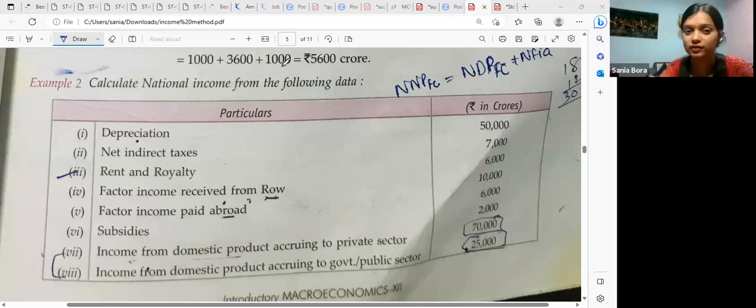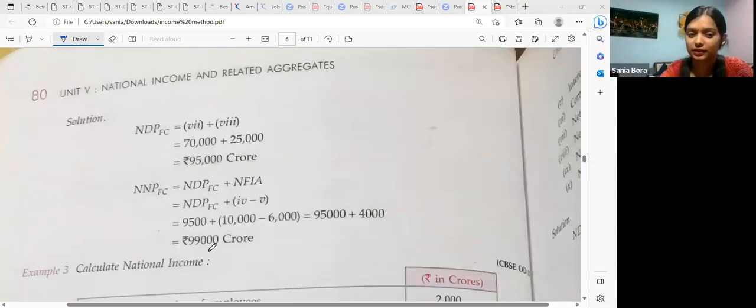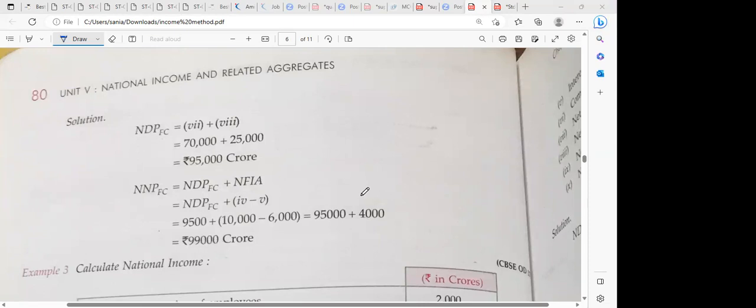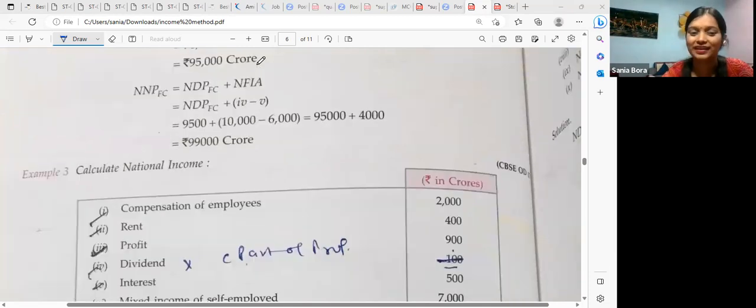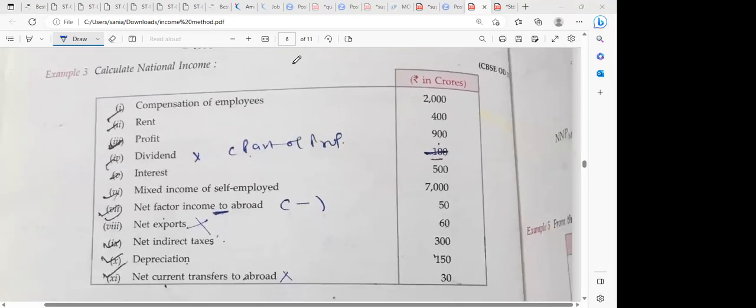Both of you, right? Yes, ma'am. Okay. So, what is your national income? It's 99,000, 9 lakh 90,000. Sorry, 100,000, 10,000, 99,000. Yes, ma'am. Both of you? No? Yes, sir. So now this is the question. You have to calculate national income. Okay?